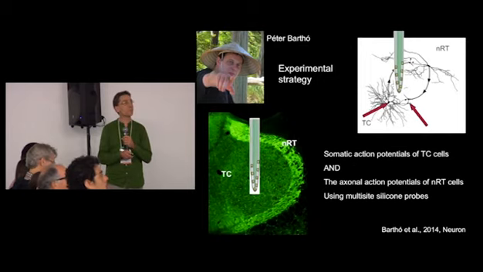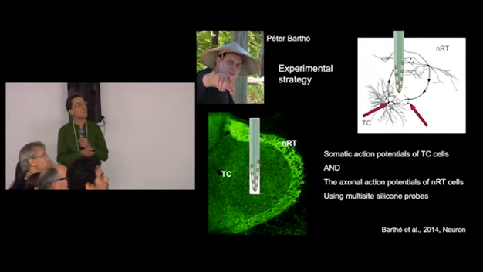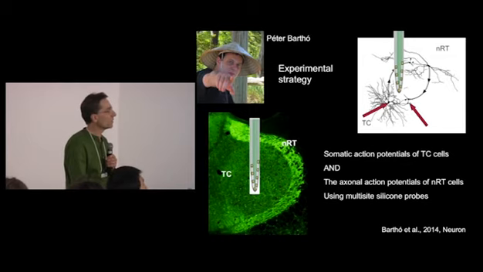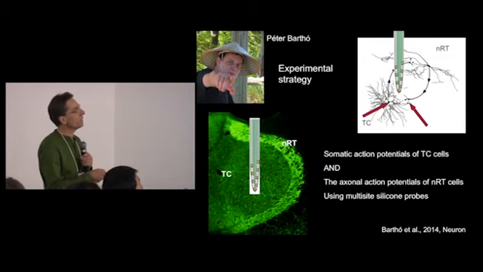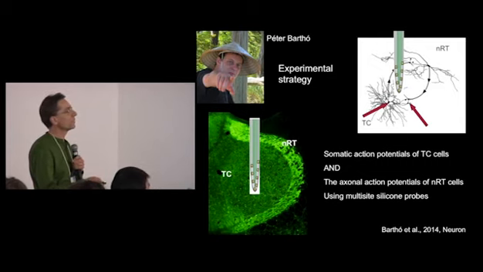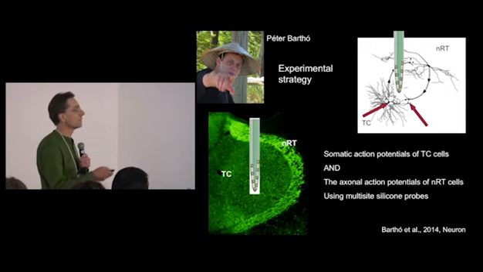So the experimental strategy, which was developed by Peter Barthó, is to insert a silicon probe among the thalamocortical cells. As you see, the fortunate situation is that the reticular nucleus is spatially segregated from the thalamic cells. So if you put an electrode here, of course, you may record the somatic action potentials of thalamocortical cells.